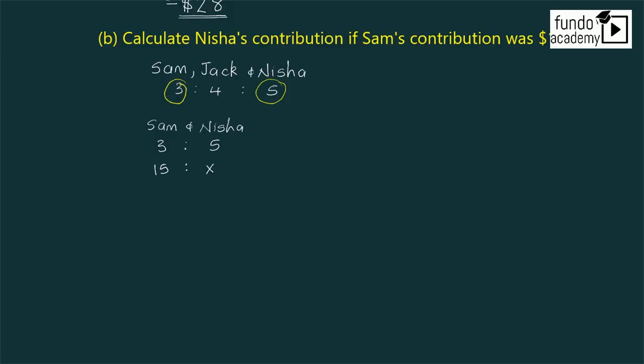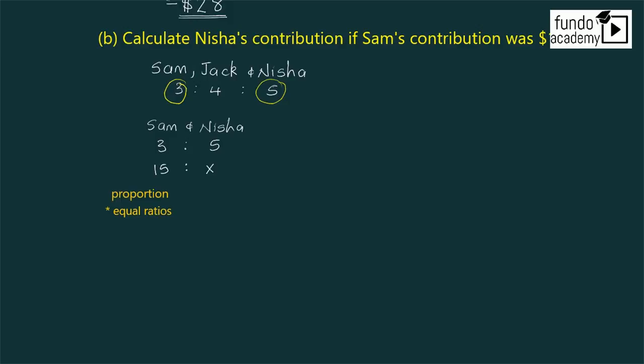Now what you're looking at here is a proportion. These are equal ratios. A proportion deals with equal ratios because these 2 ratios are proportional to each other.